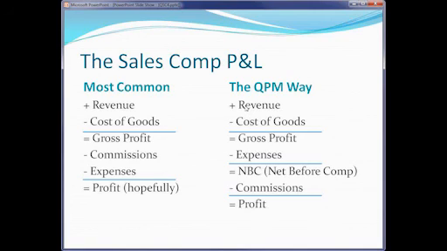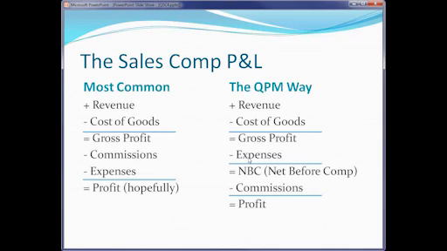Under common profit management and in WayPoint, the reports are structured slightly differently, where revenue less cost of goods is gross profit. Then we have all of our operating expenses, excluding the sales compensation, all of the pay for the salespeople that face the customers, the people that go out and capture customers. Now, sometimes those are inside people, sometimes they're outside people.